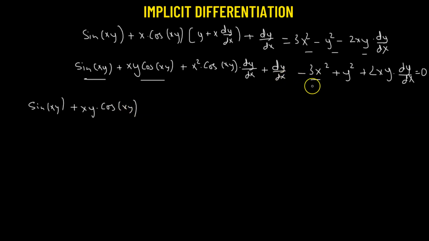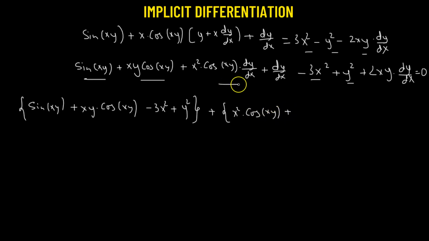Then we have negative 3x squared plus y squared. So these are the terms that do not have any dy over dx multiplied to it, and then we will combine all the terms which have a dy over dx multiplied to it. So we have x squared times cosine of xy. Here from this term we'll get 1, and then from the final term we get 2xy, and this whole will be multiplied to derivative of y with respect to x equals 0.